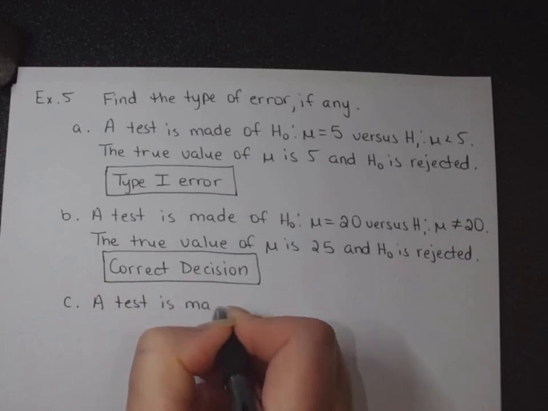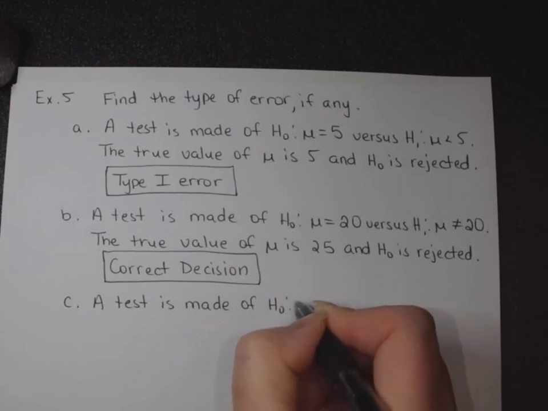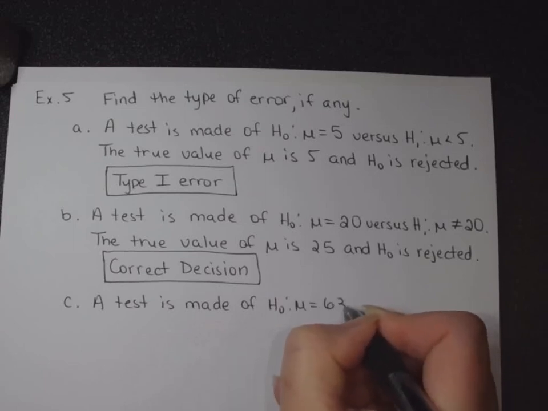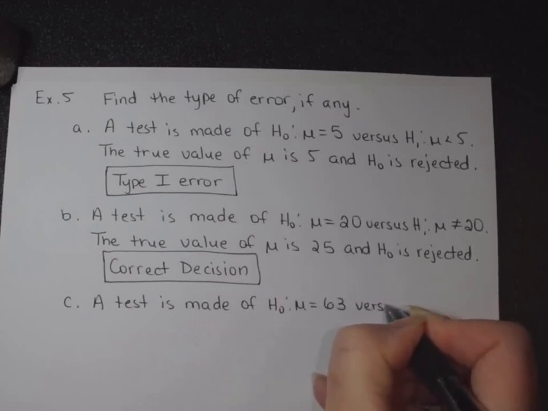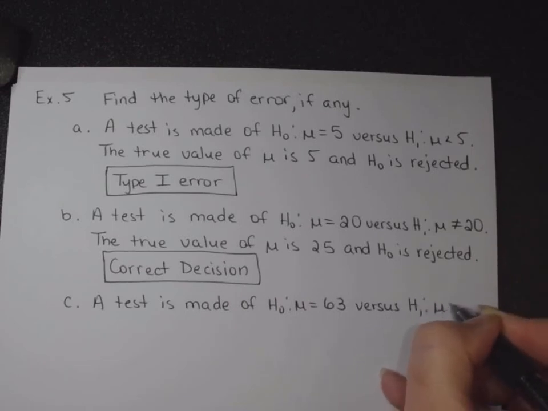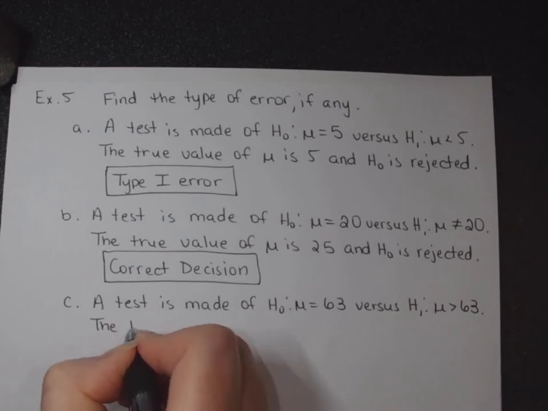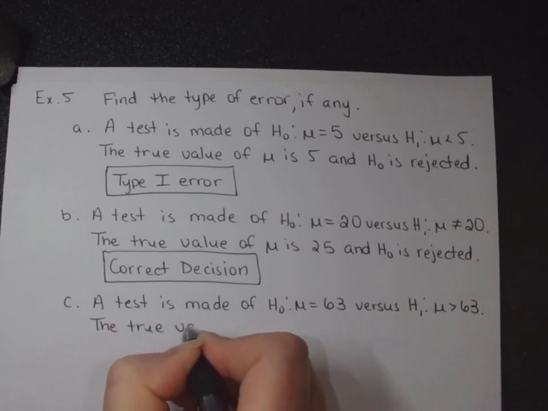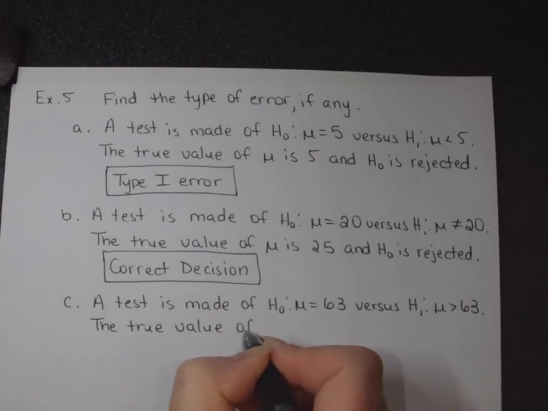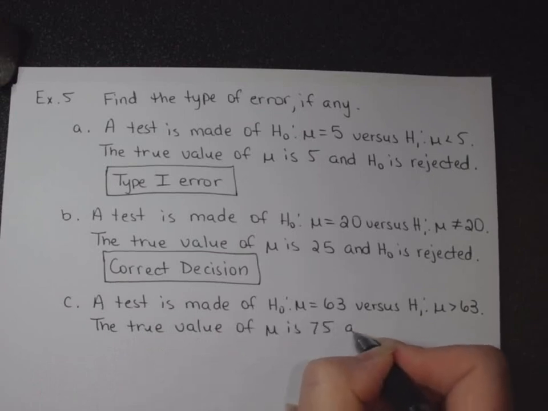And so last one, let's say that we have a test where we think the average is 63 versus a right-tailed test where we think it's something greater than 63. And the true value of mu is 75.